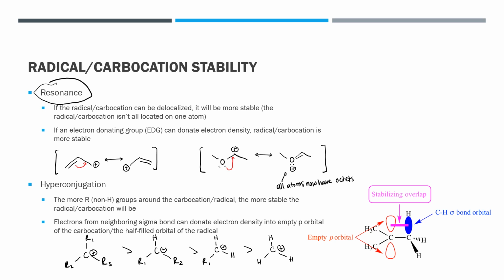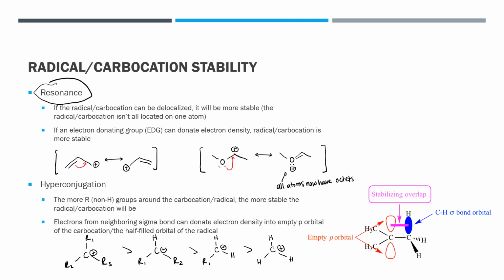If the radical or carbocation can be delocalized, it will be more stable. That's because the radical or carbocation isn't all concentrated on one atom. If it's spread out, it's going to be more stable. If you're sharing the burden between multiple atoms, it's going to be more stable.